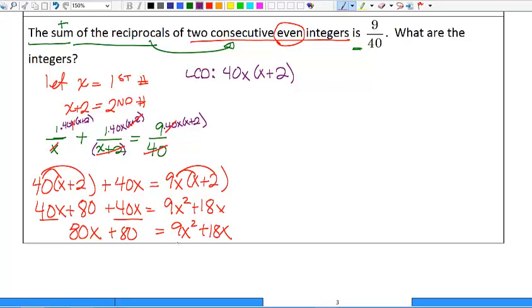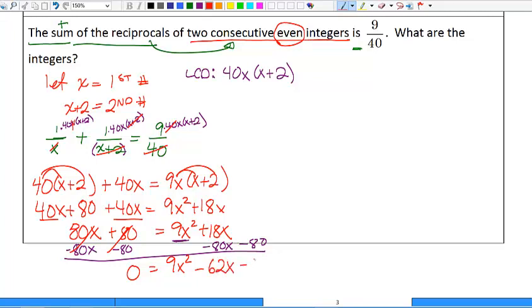Because my x squared is already positive and it's on the right, I would rather keep it there. So I'm going to subtract all of the terms on the left from both sides, which gets me 0, that's what I wanted, equals 9x squared minus 62x minus 80.